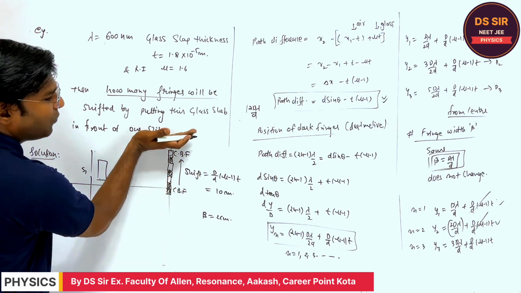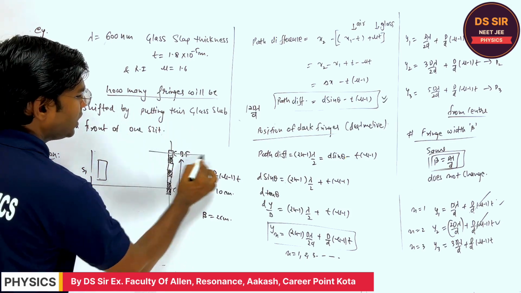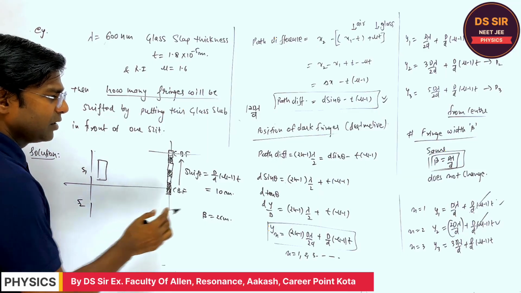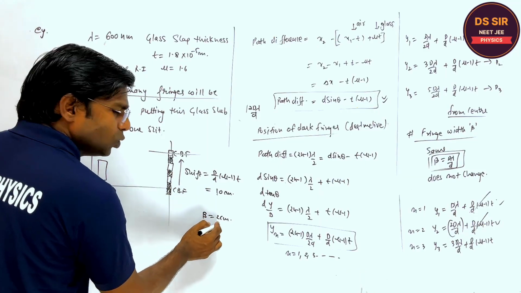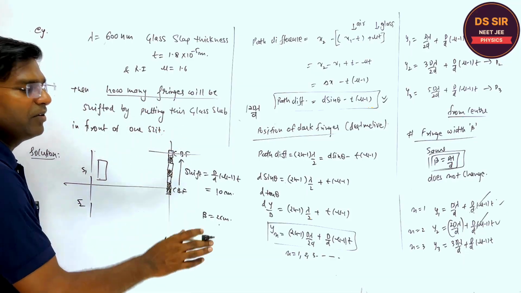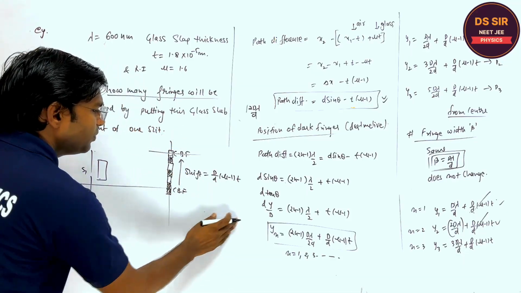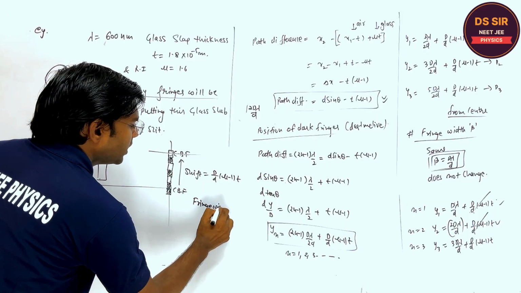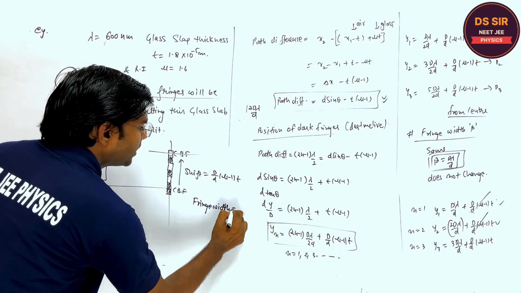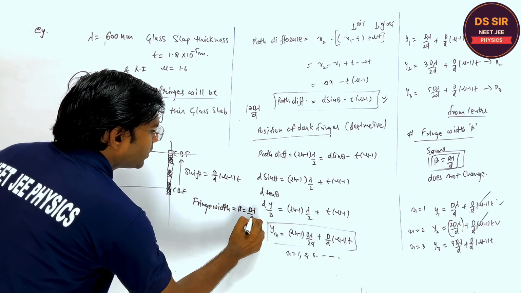So how many fringes are shifted? Can you tell? Yes, the shift 10 upon 2, the number of fringes shifted will be 5 in this case. What does it mean? Fringe width is nothing but beta is equal to d lambda over d.